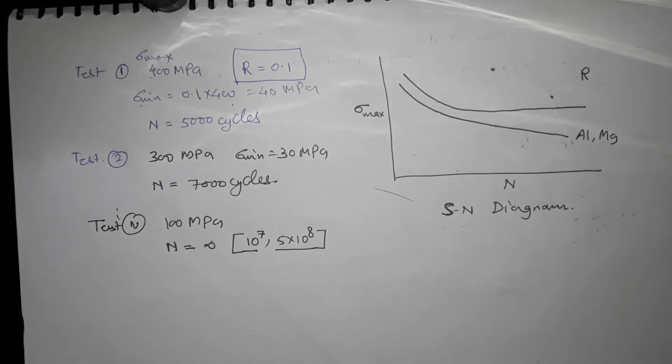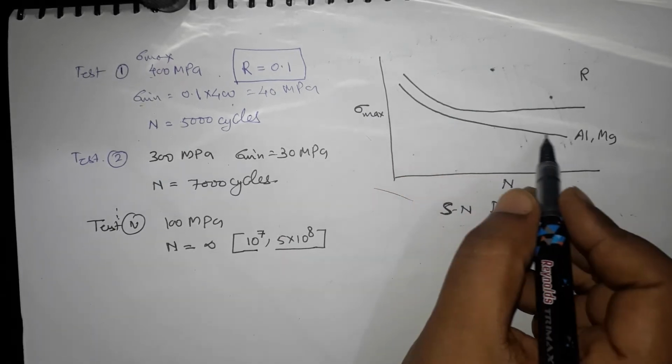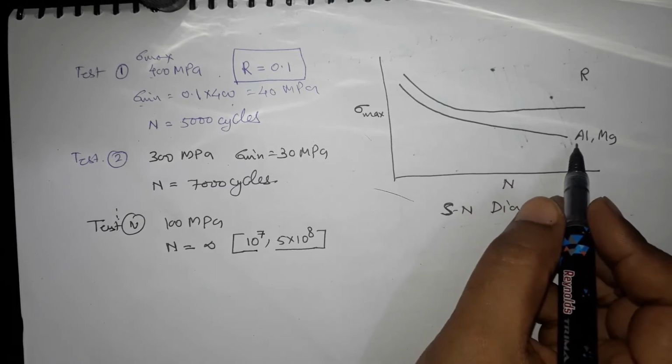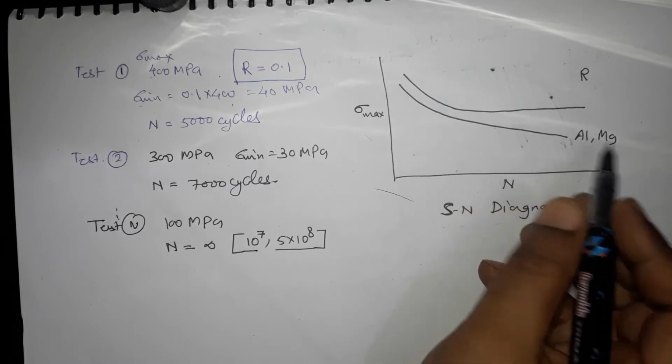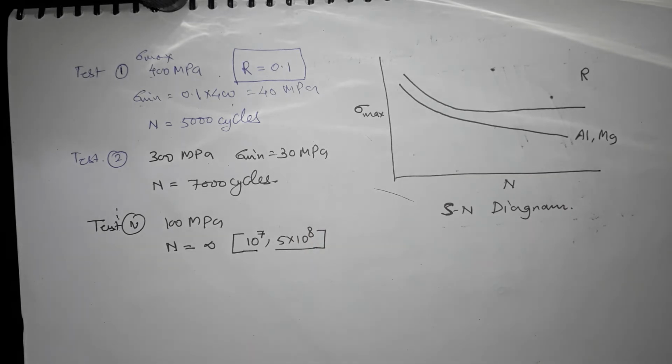So what has been found is that for other materials there is no stress below which the material can have infinite number of cycles, but for steels and a few other alloys it is possible to have a stress below which, if you apply the stress, it is not possible for the material to fail.